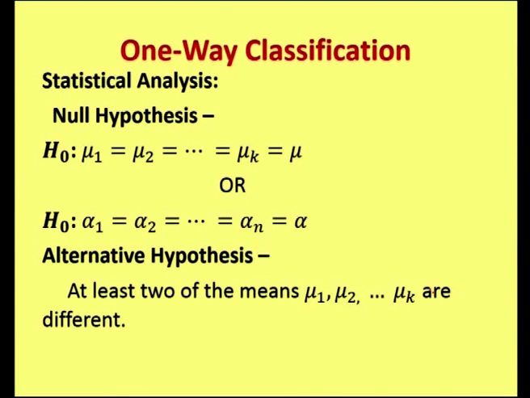Here we have the null hypothesis that mu 1 equals mu 2 and so on, mu k equals mu, or alpha 1 equals alpha 2 and so on, alpha k equals alpha. That is to say, the effects due to the different treatments or rations are homogeneous, against the alternative hypothesis that at least two of the means mu 1, mu 2 and so on, mu k are different.